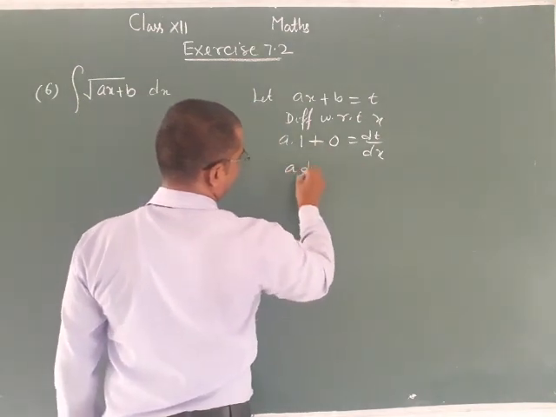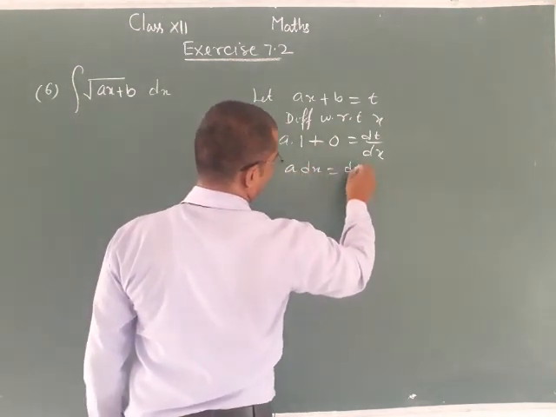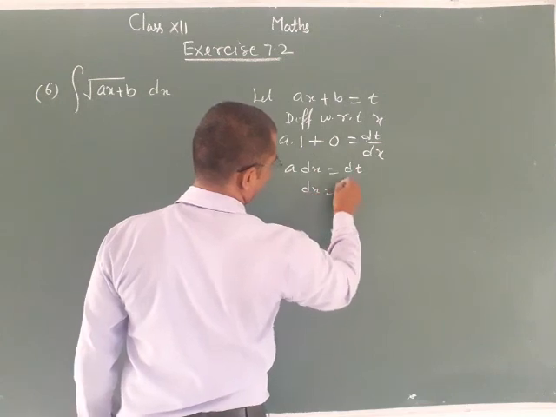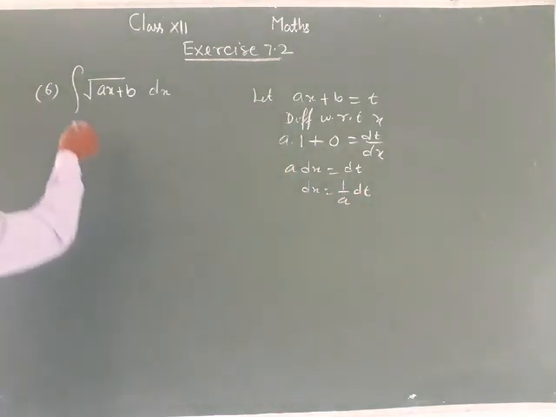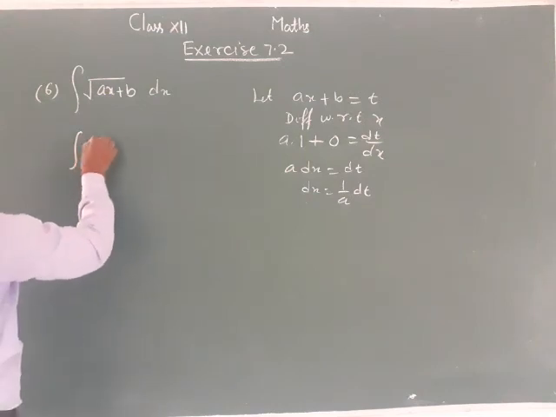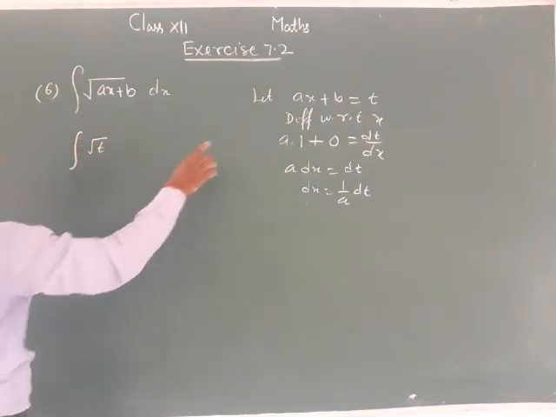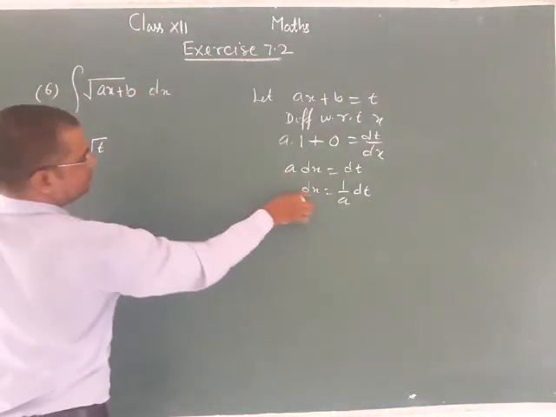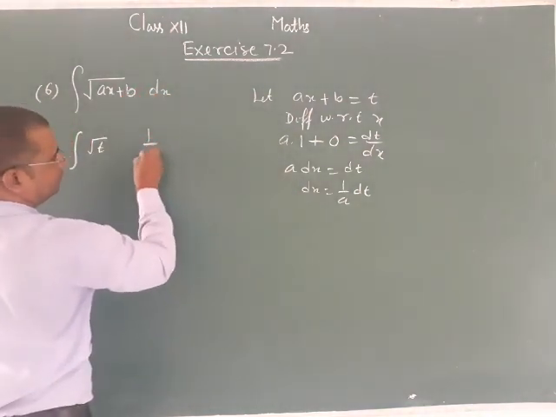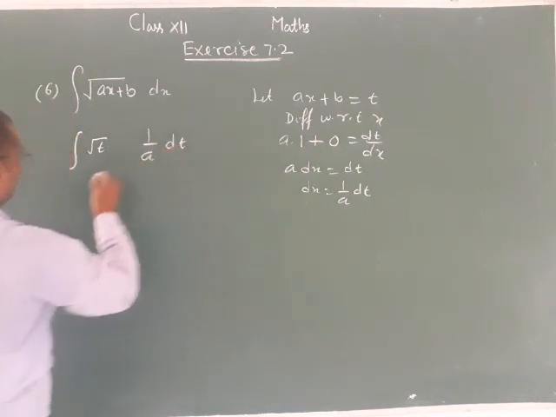So a dx is equal to dt and dx is equal to 1 upon a dt. And now put in root t for root(ax plus b), and dx equal to 1 upon a dt.